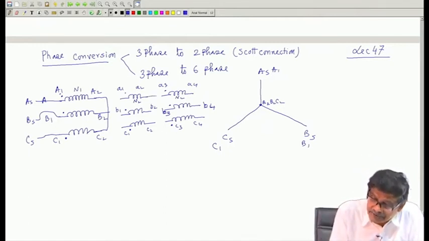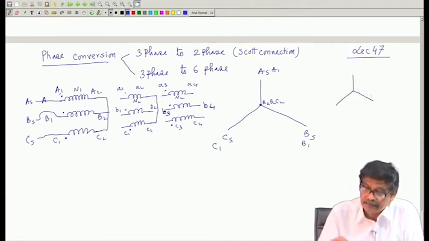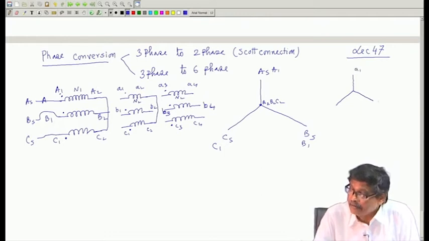Because if you join these 3, then you get Y by 0, and your voltages will be A1, B1, and C1.